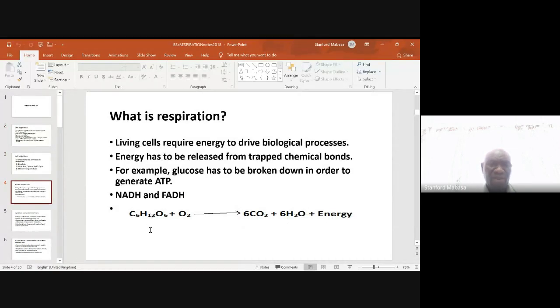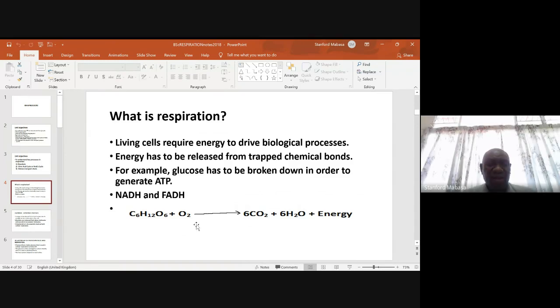So basically, we have seen this equation where carbohydrates plus oxygen gives us carbon dioxide, water, and energy. You could have come across this equation.